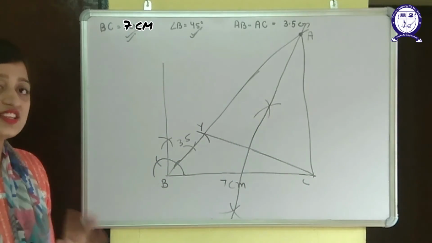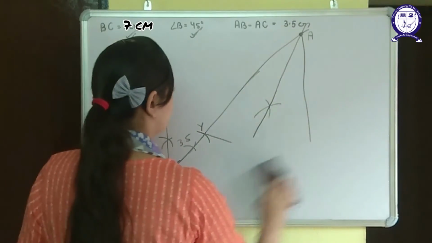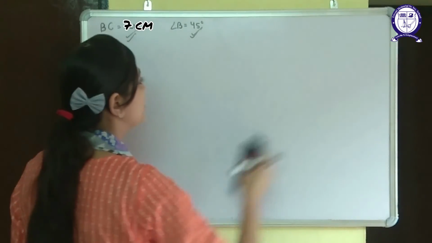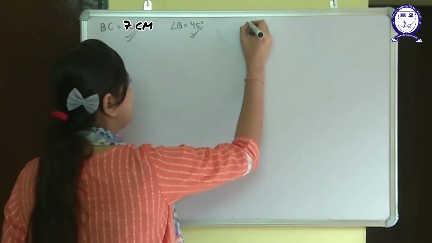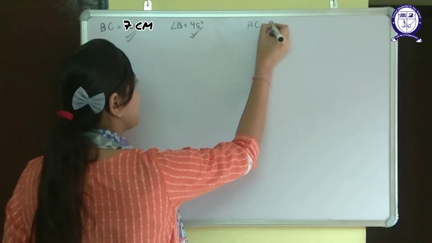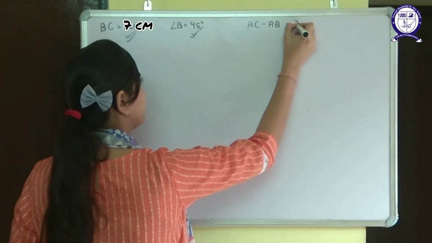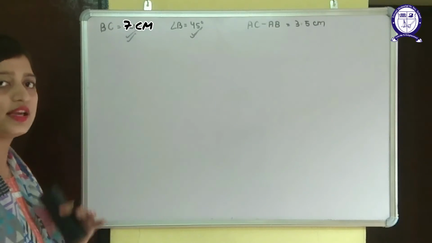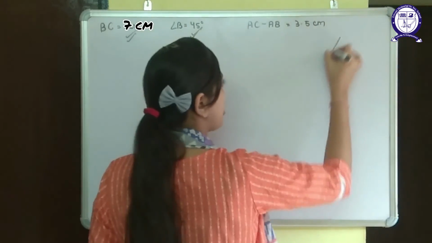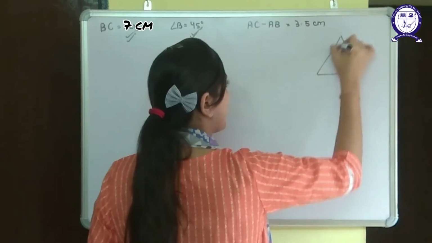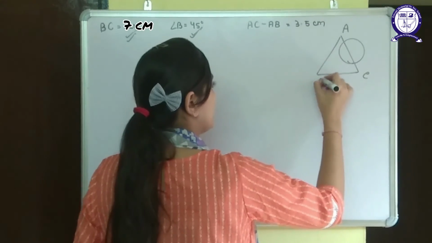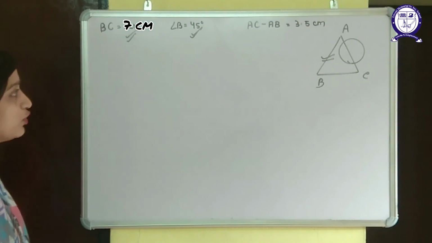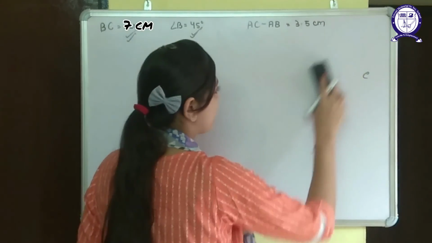Now coming to case 2. Suppose in the same question, we were given AC minus AB equals 3.5 centimeter. In the same question, it is now case 2. How? Because now this side AC is greater than this side. How to make the triangle?